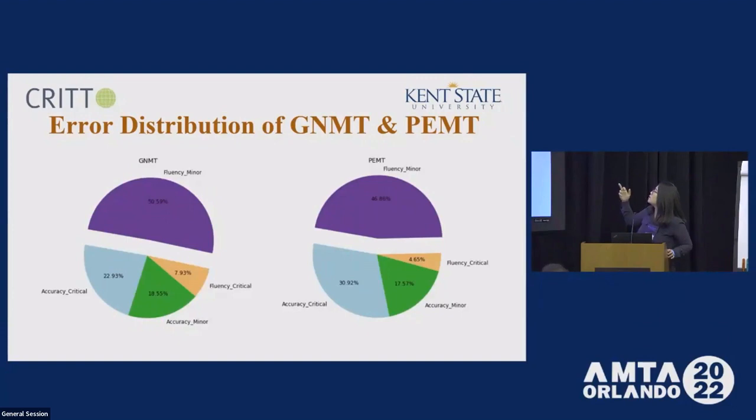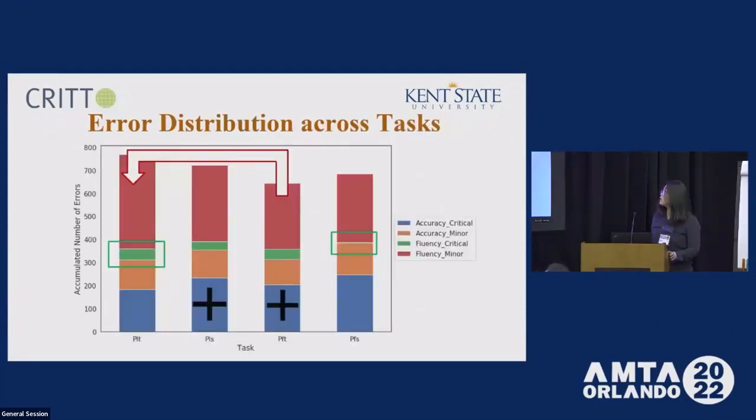For example, fluency minor errors decreased from 50% to 46%, accuracy minor errors decreased from 18% to 17%, and fluency critical errors decreased from 7% to 4%. And we joined the Japanese and Chinese participants' translation output together to see the error distributions across the four tasks we controlled.